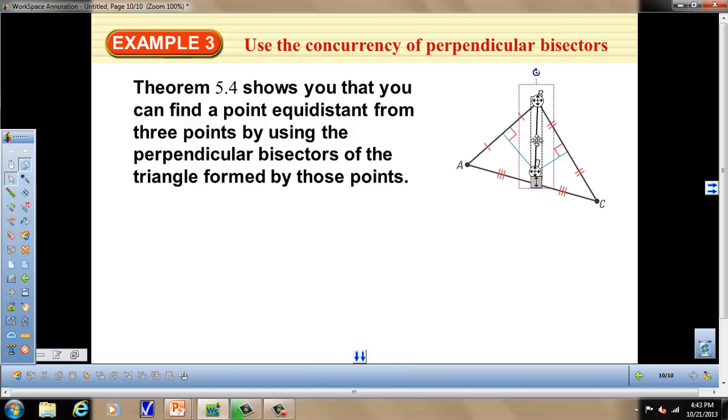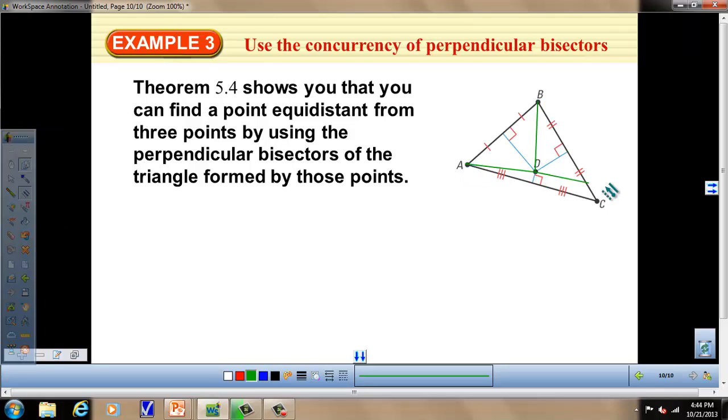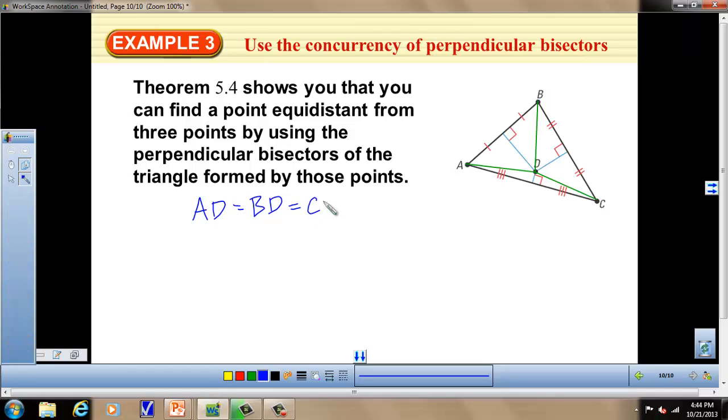So let's make that green, and then this distance right here and this distance right here. So literally AD is equal to BD and that's equal to CD. So all three of those distances are equal.